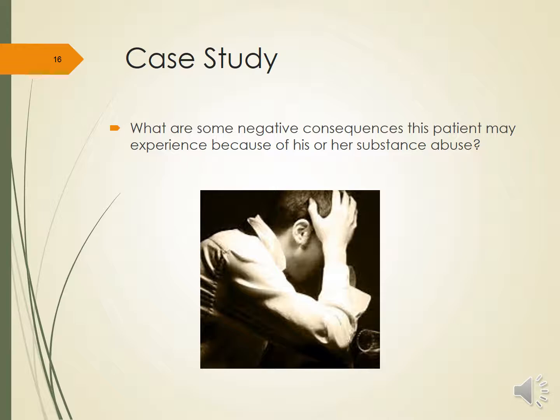Their family is going to become dysfunctional and it may eventually disintegrate. They may get involved with domestic violence. Their parenting is going to be disruptive. They may start abusing their children. They may eventually become involved in crime to support their addiction, and they may eventually die.